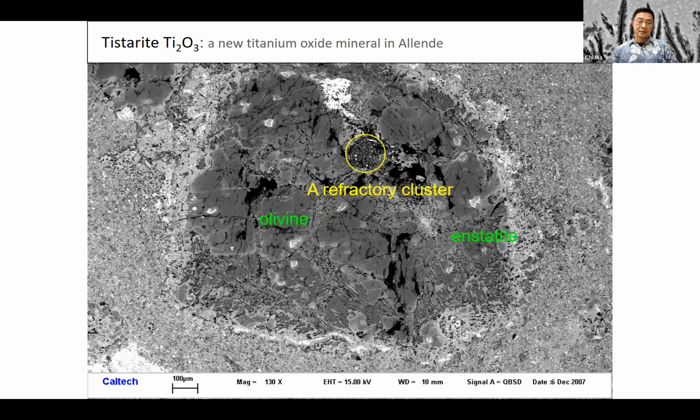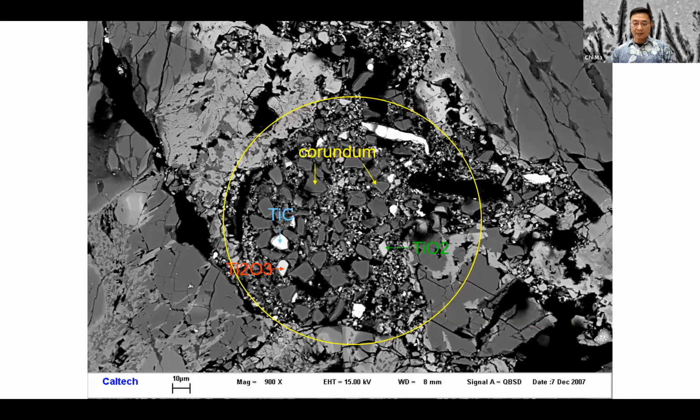Next, tistarite is a titanium 3+ oxide. It was observed first in this refractory cluster within a conjure. Now zoom in. This cluster contains one Ti₂O₃, one TiO₂, and one titanium carbide grain, and with a bunch of corundum grains.